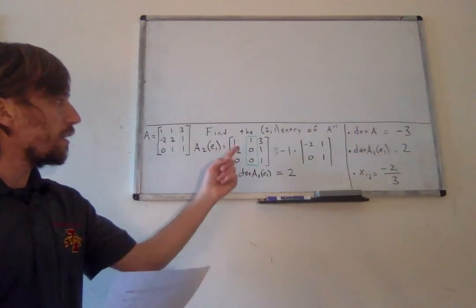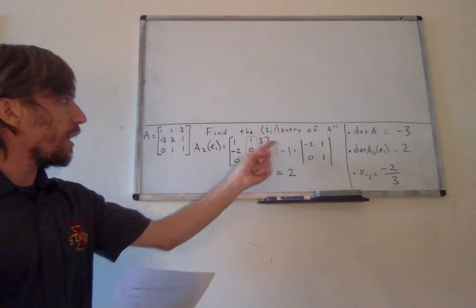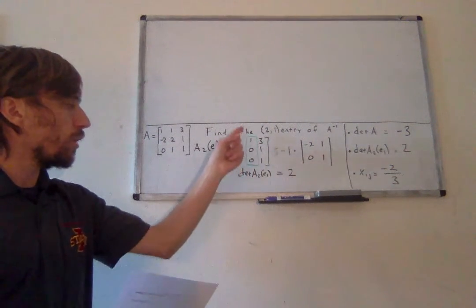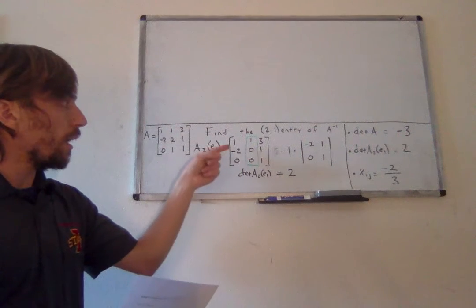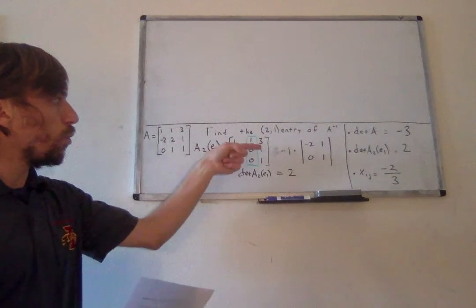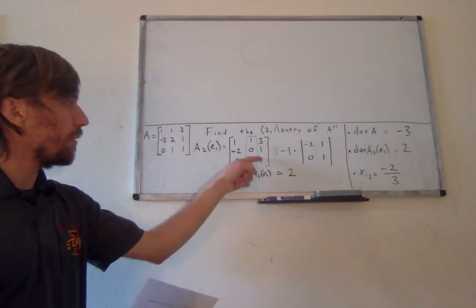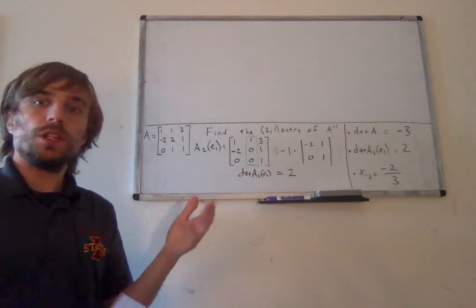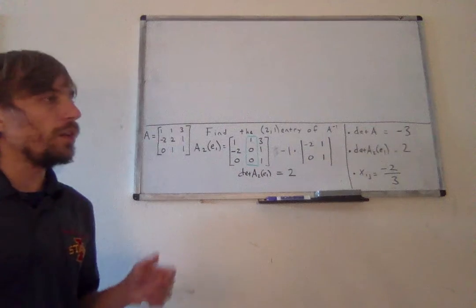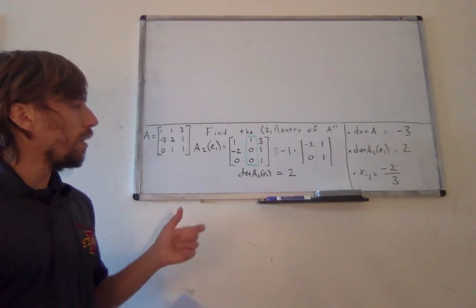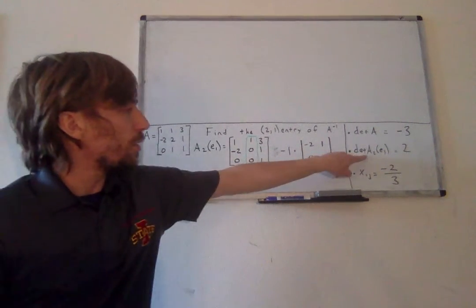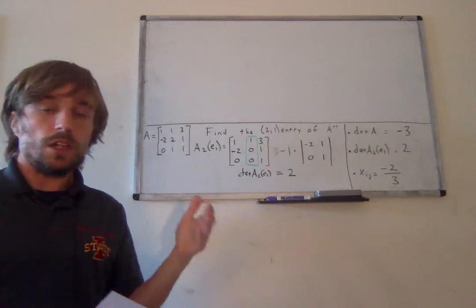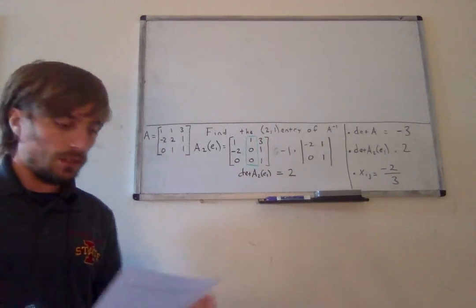Basically, what that means is I just got the determinant of this submatrix where I deleted column 2 and row 1, so this submatrix here, multiplied it by the appropriate 1 or negative 1, depending on which row and column it corresponds to. And so notice that the determinant of this matrix is actually just a cofactor of the matrix.